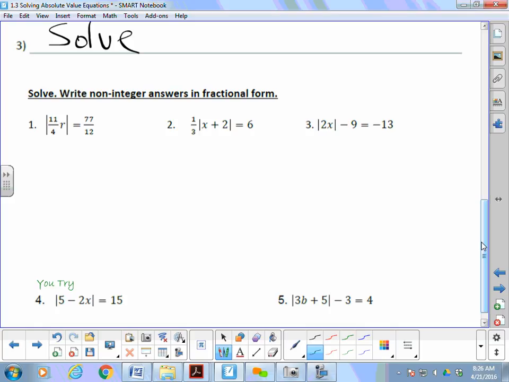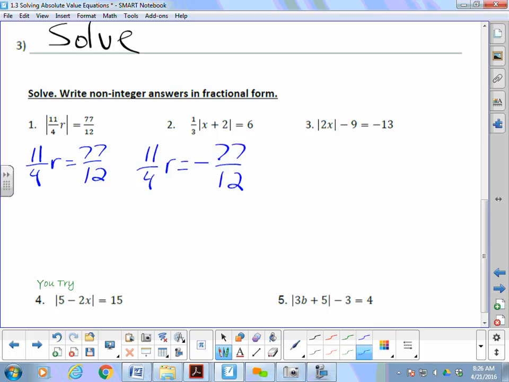So that means then that 11 over 4 R equals 77 over 12, or 11 over 4 R equals negative 77 over 12. And this might be a day where a separate sheet of paper might be your friend, because you're probably going to run out of room. So we've got to solve both these equations.